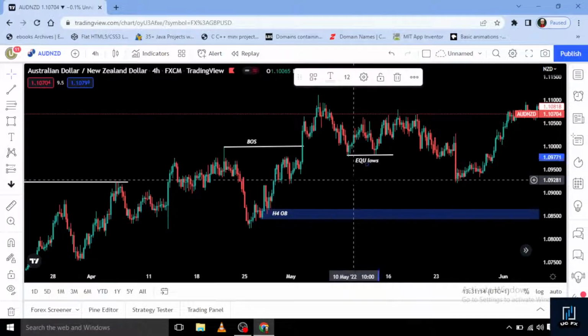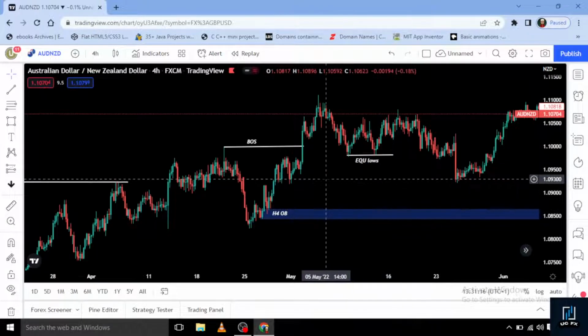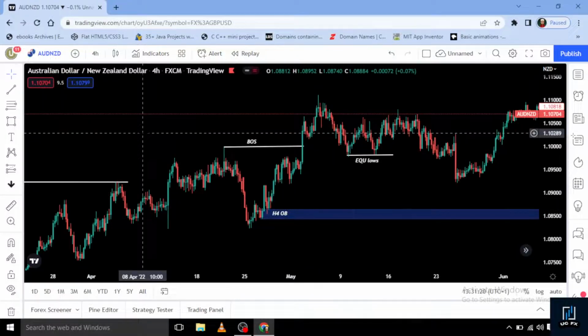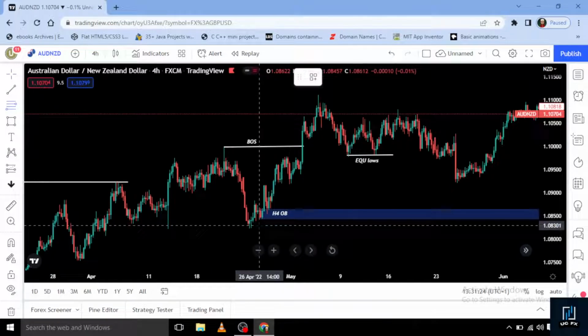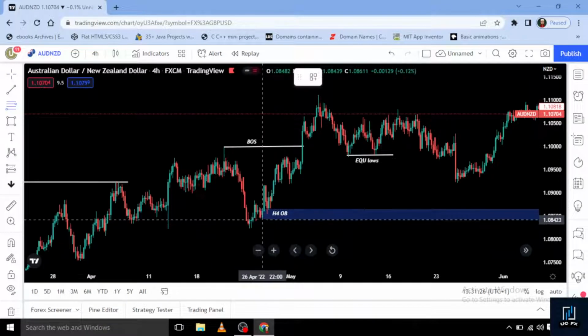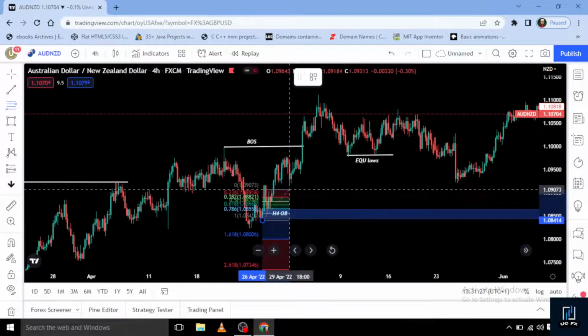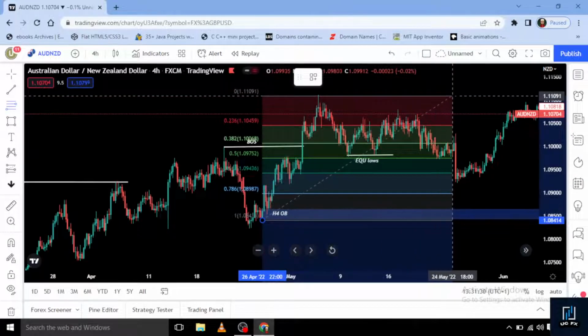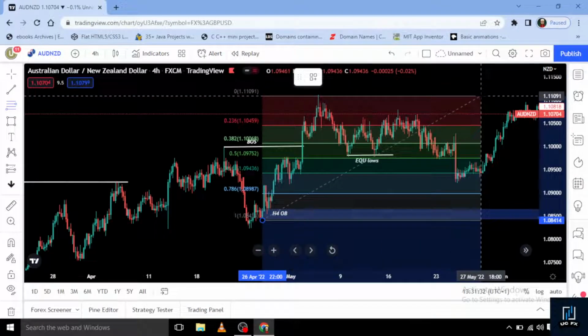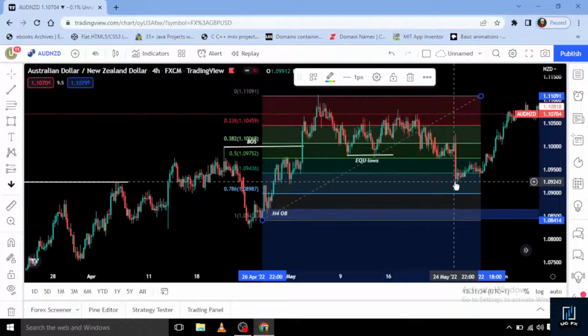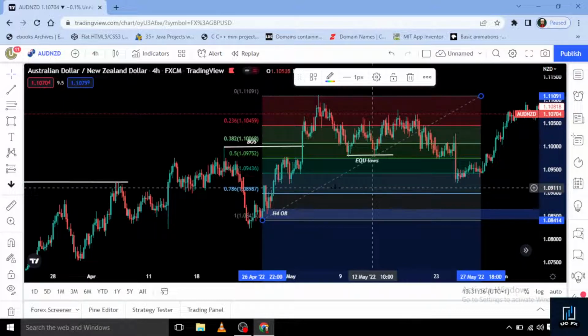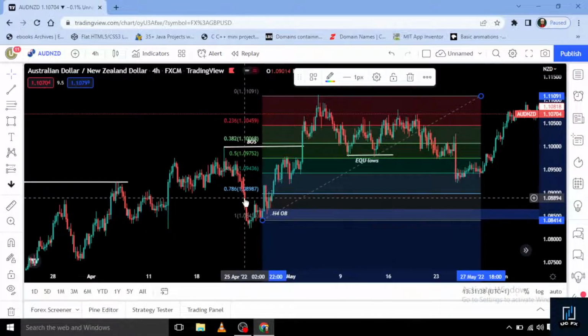So after our liquidity, you need to check where price is. You need to make sure your price is at a discount level. So you have to grab your Fibonacci tool, take it from these lows, from the OB to the last highs. As you can see, price is sitting right at our discount level, which is between the 0.618 and 0.786.